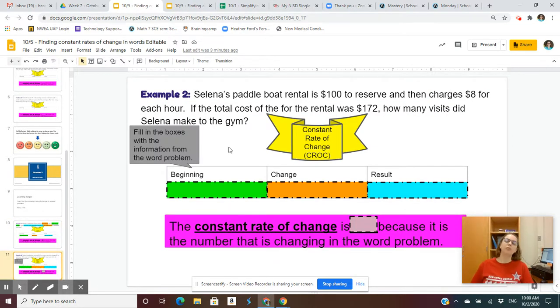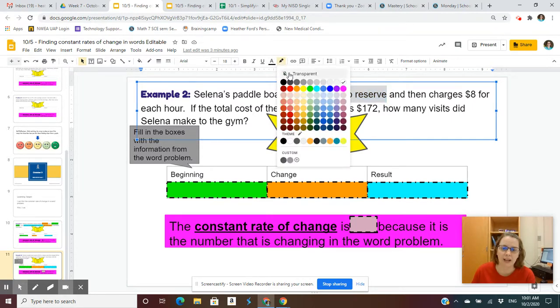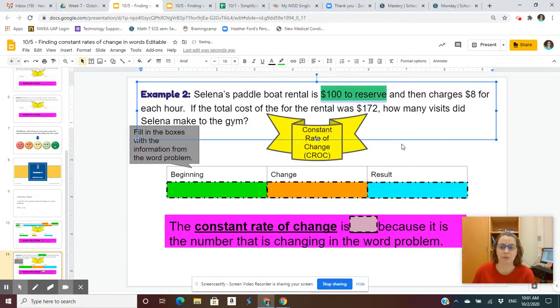Example 2. Selena's paddle boat rental is $100 to reserve and then charges $8 for each hour. If the total cost for the rental was $172, how many visits did Selena make to the gym? Okay, let's start off by highlighting the important information. It's $100 to reserve. Okay, so I'm going to come over here and I'm going to highlight, and that's how much is my beginning information.